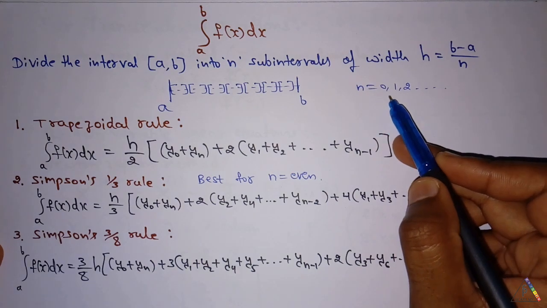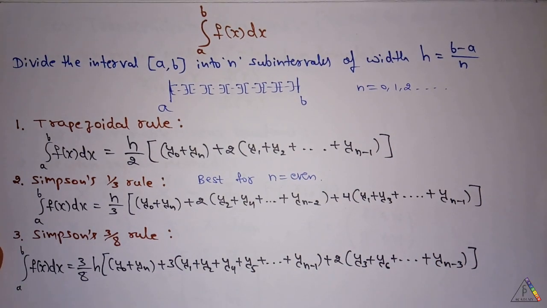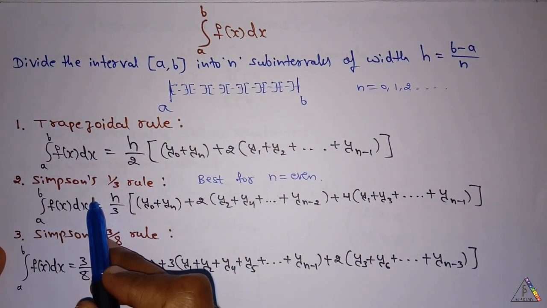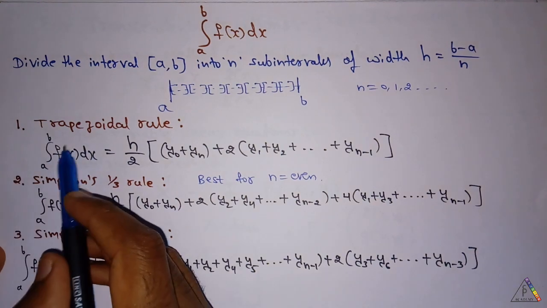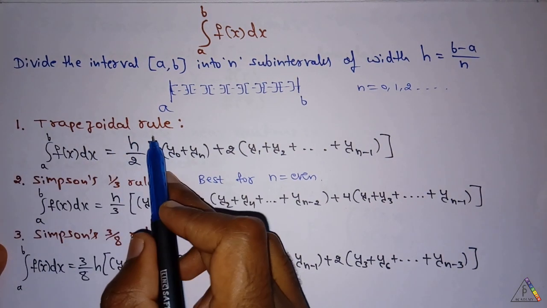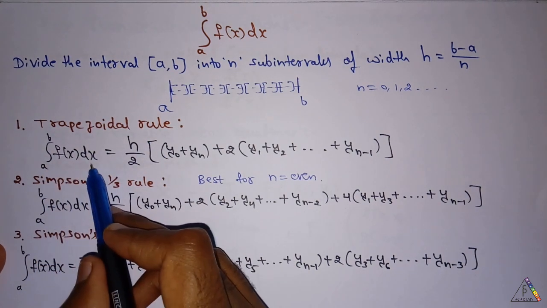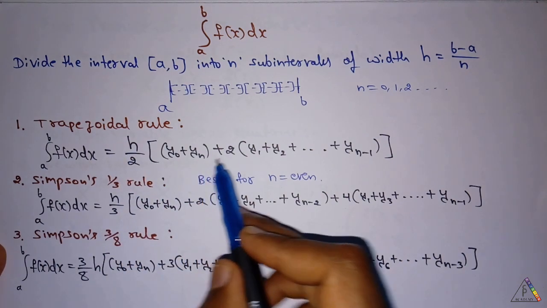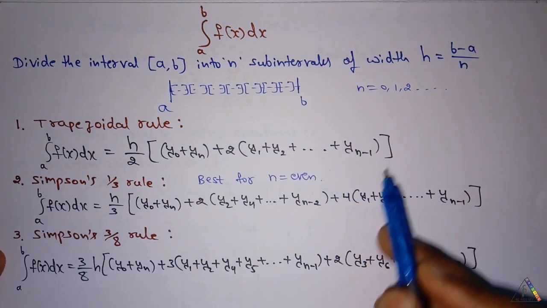N can take the value 0, 1, 2, 3, and so on. To find the value of this integral, the first method is the trapezoidal rule, which is given by integral from a to b of f of x dx equals h by 2 into [y0 plus yn plus 2 into (y1 plus y2 plus so on up to yn minus 1)].